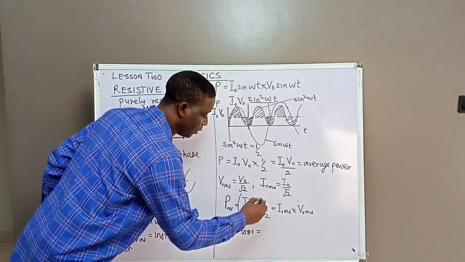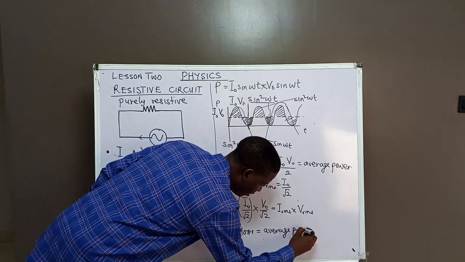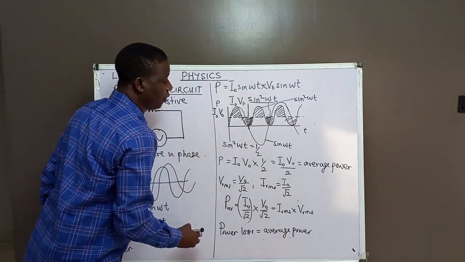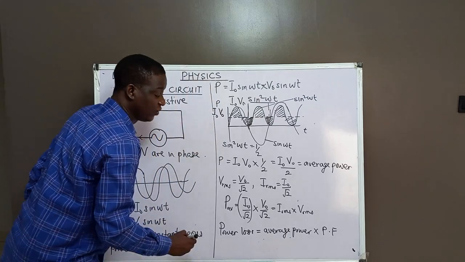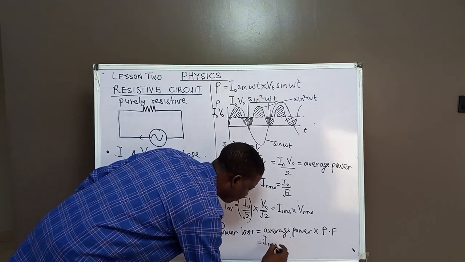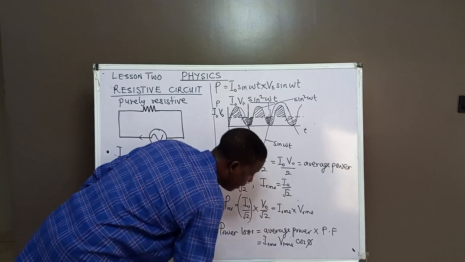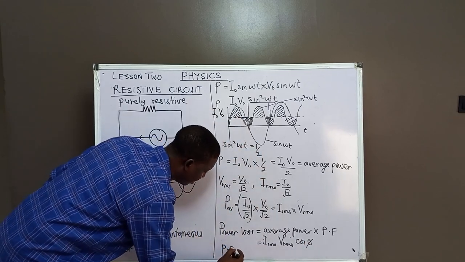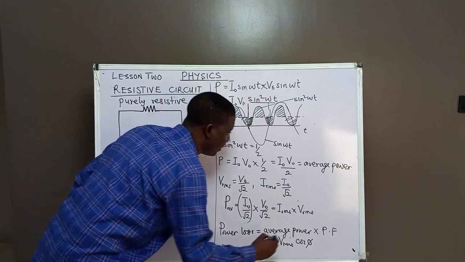Now, that power can be gotten by the average power of the circuit multiplied by the power factor. So in this case we are going to have it as IRMS VRMS cos phi. Power factor, please take note of that, is equal to cos phi. We call it power factor, PF.